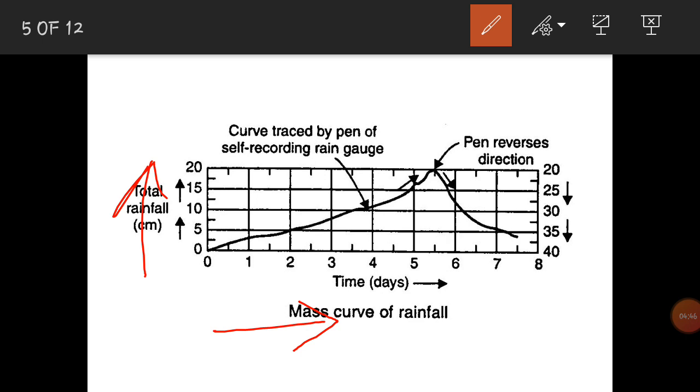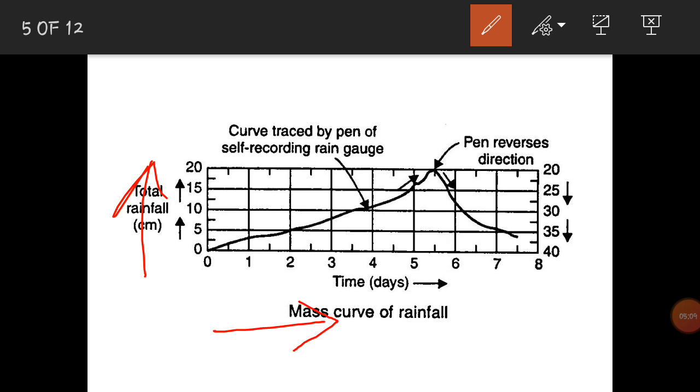The graph is plotted with the total rainfall, and the time is taken on the x-axis.